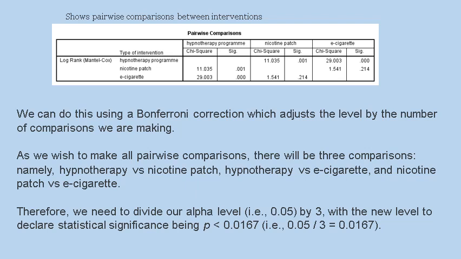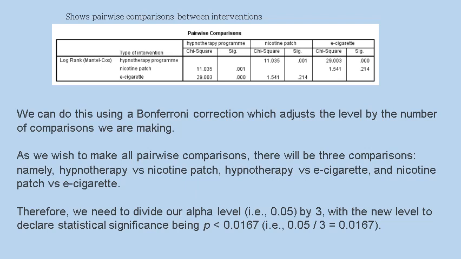So when we check for difference between hypnotherapy with nicotine patch, we need to check if significance value is less than 0.0167. We will not look for less than 0.05. We have to look for less than 0.0167. That means it is 0.05 divided by 3, as 3 comparisons we are doing.